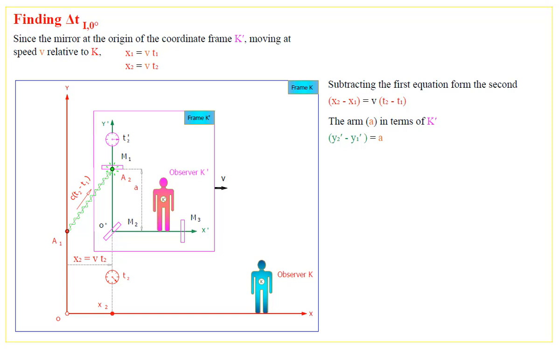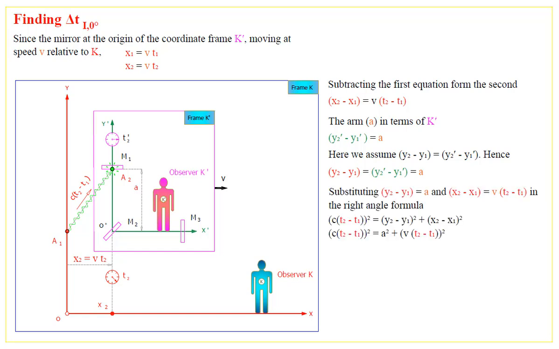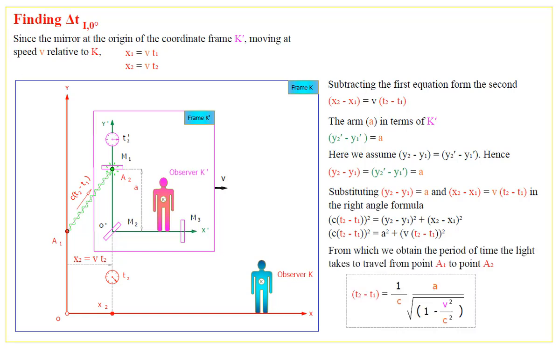The A in terms of K'. Here we assume y2 minus y1 equals y2' minus y1'. Substituting y2 minus y1 equals a and x2 minus x1 equals v times t2 minus t1 in the right angle formula, from which we obtain the period of time the light takes to travel from point A1 to point A2.